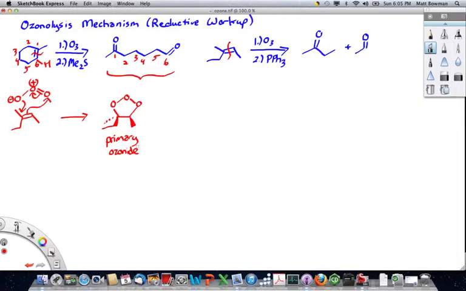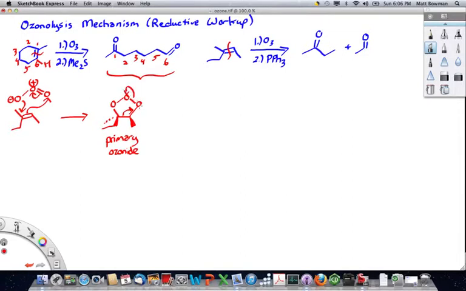Now, the primary ozonide is not too stable because it has two oxygen-oxygen bonds. And as a result, this molecule breaks apart. The carbon-carbon bond here is broken to form a carbon-oxygen double bond, and that sends these electrons onto the central oxygen.